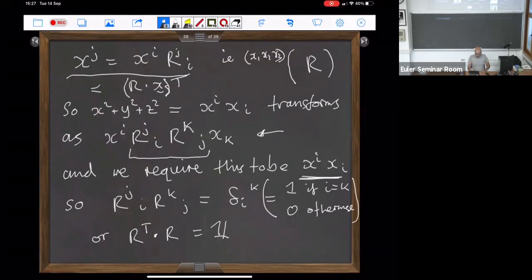So these are the conditions that we have to solve for, and such matrices are called orthogonal matrices.